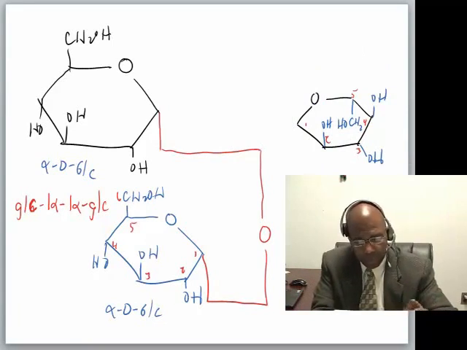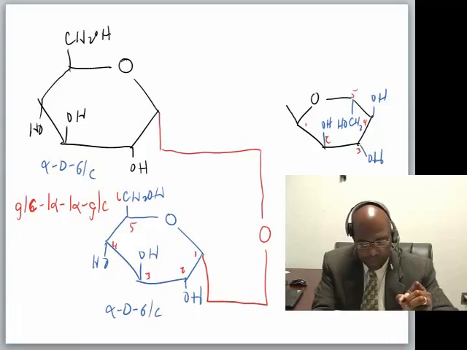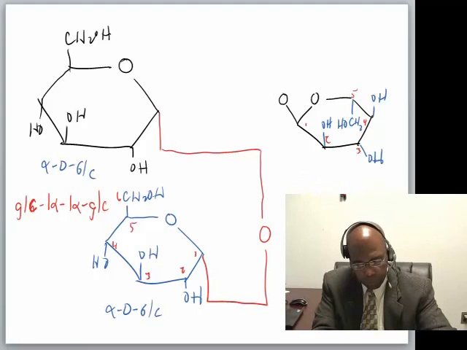I'm going to still make this one black. So this has to go this way, because over here, if it's going to be alpha, it's going to be going this way. And so this is going to be O. And so this is alpha D glucose.